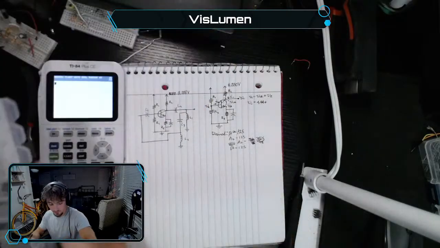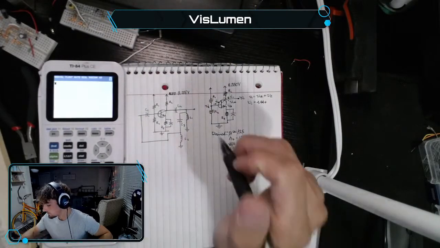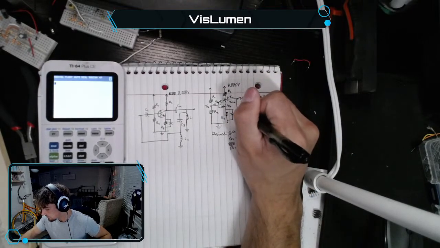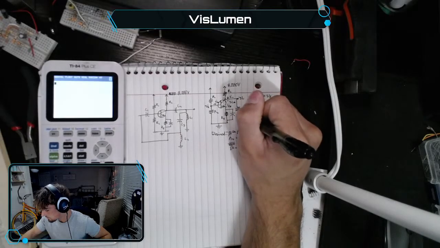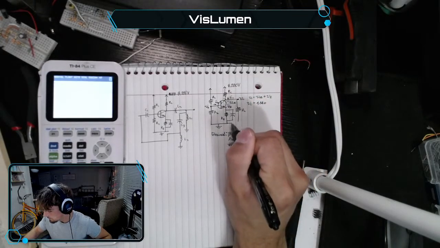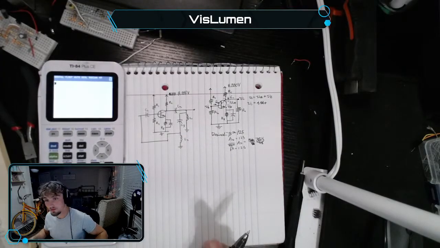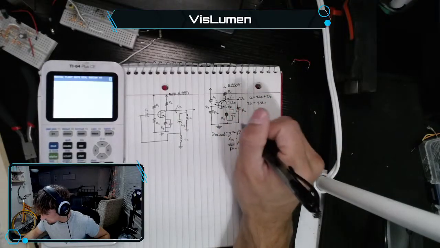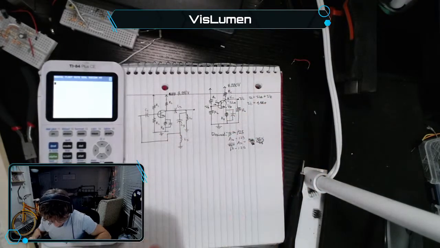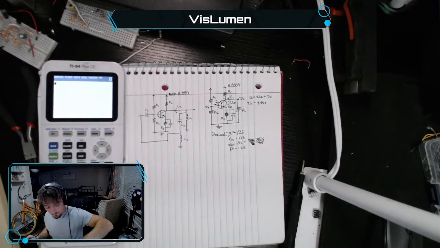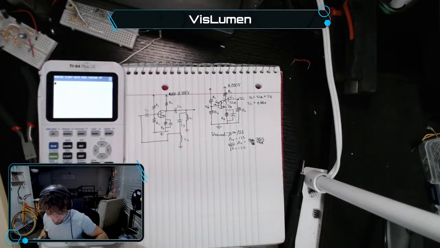So our L1 was... Let's actually add the load resistance too. Yeah, that's good. RL, that's our load resistance. What was L1 again? L1 was the bigger one, so it was the 2.2 millihenry, and that had 6.3 ohms.